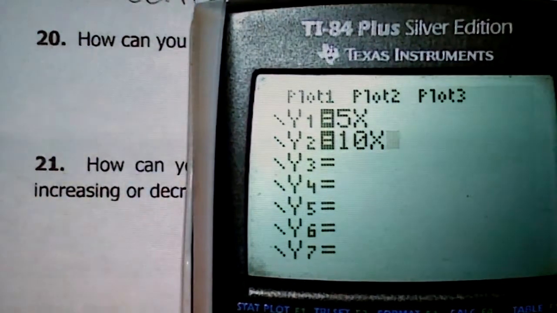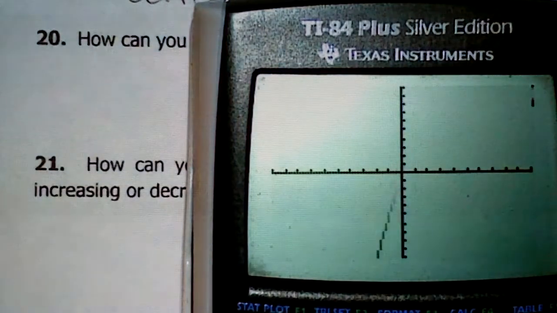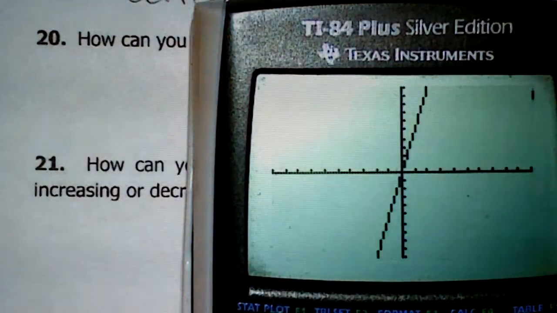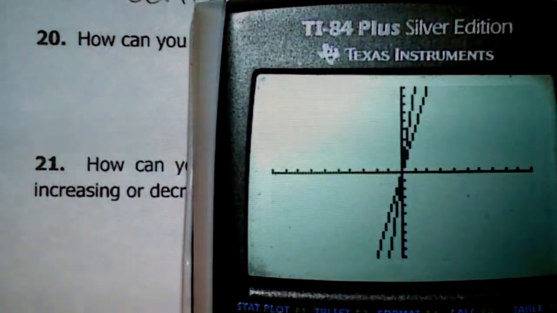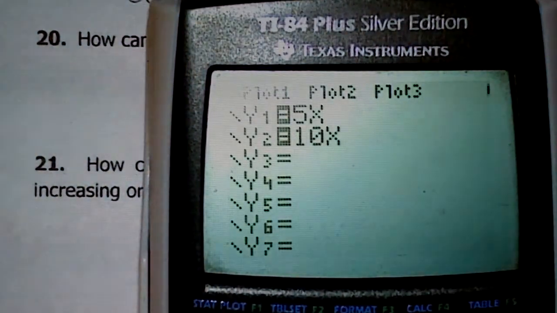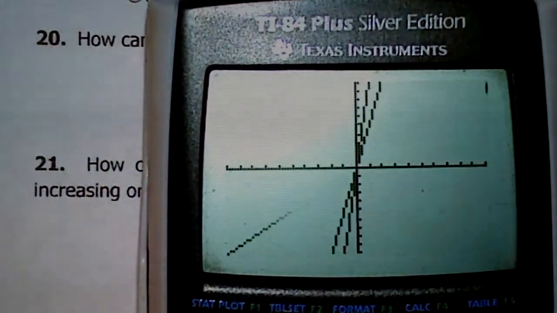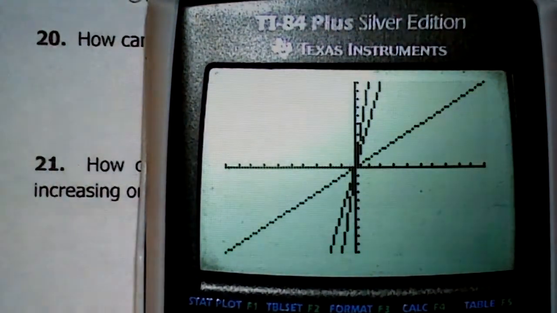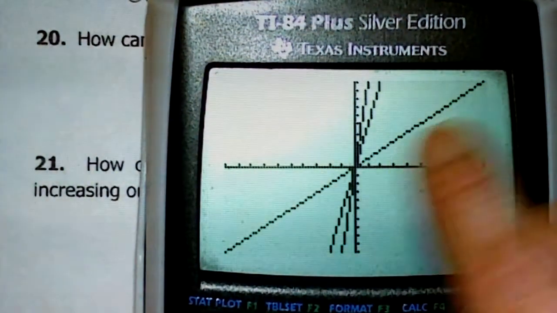So I have y equals 5x, y equals 10x. I hit graph. There's the 5x. There's the 10x. If I just type in, just to give you an idea here, y equals x, that's like y equals 1x.